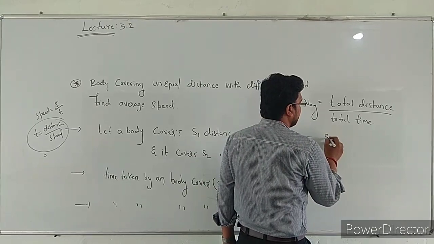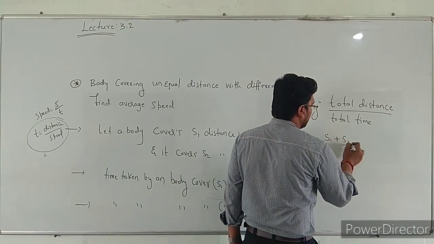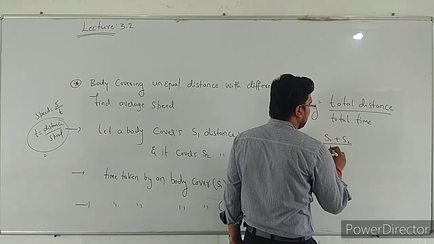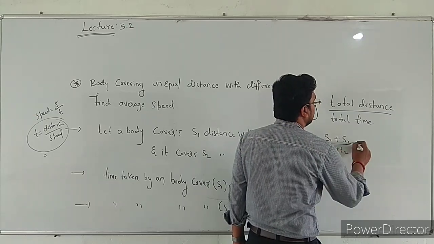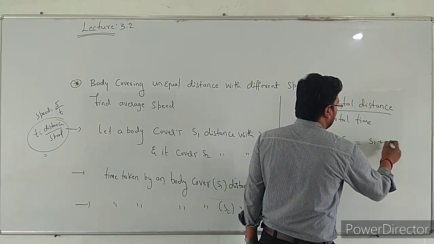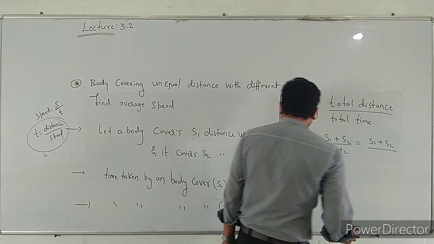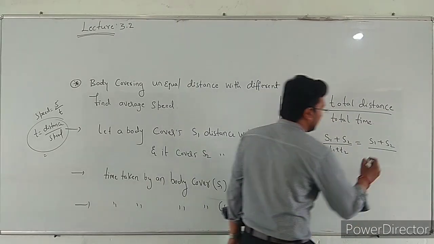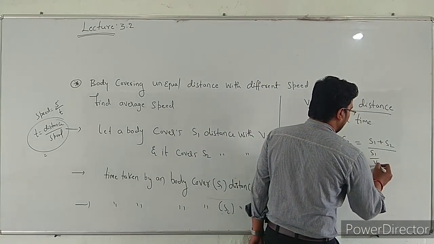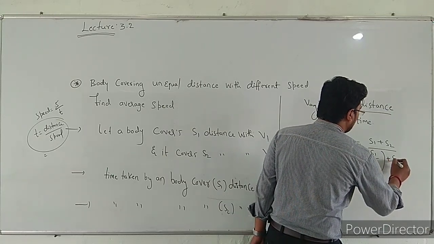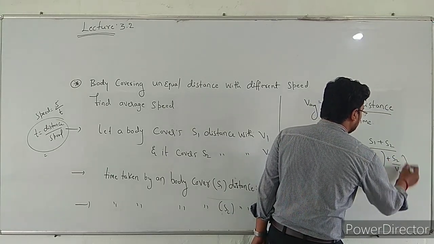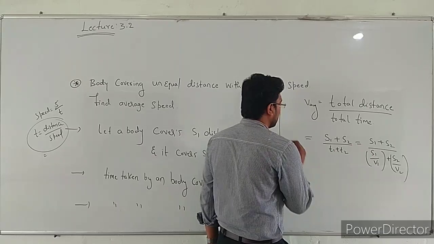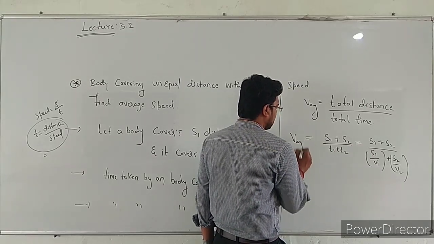The total distance is s1 plus s2 divided by the total time t1 plus t2. Substituting, s1 plus s2 divided by s1 by v1 plus s2 by v2. So this is the average speed.